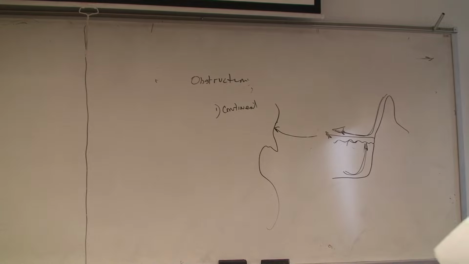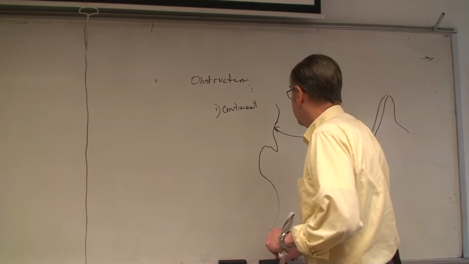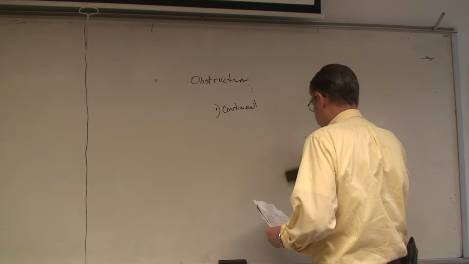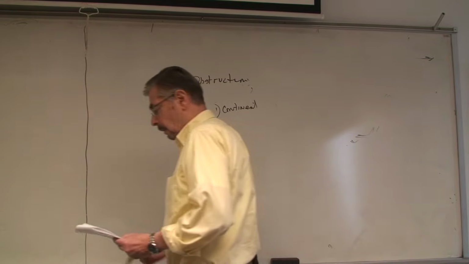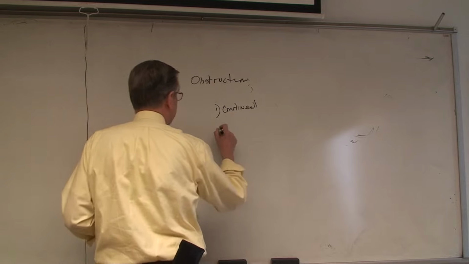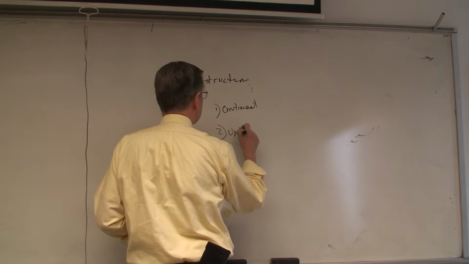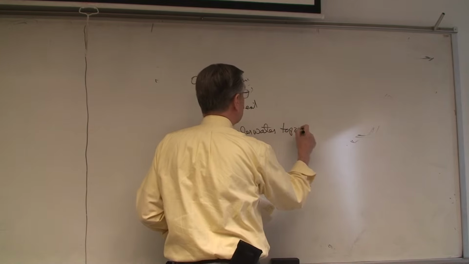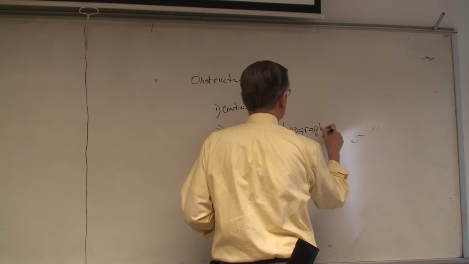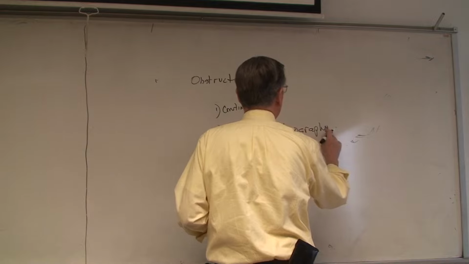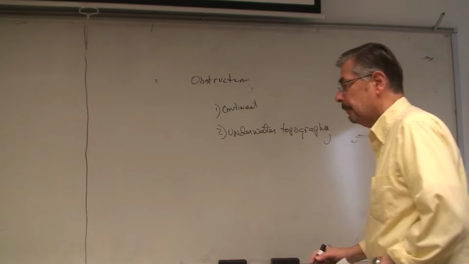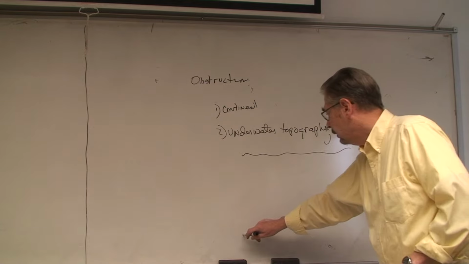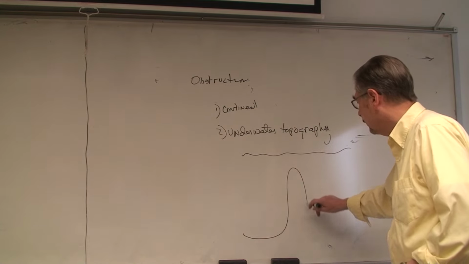All right, what other obstructions can change the direction of currents? Well, underwater topography. For example, let's suppose here's the surface of the ocean, here's the bottom, and there's a mountain over here.